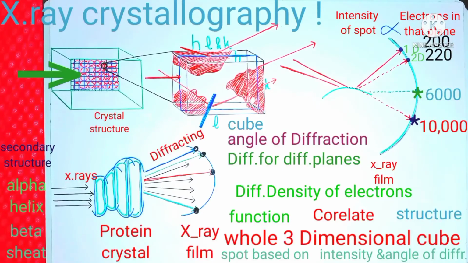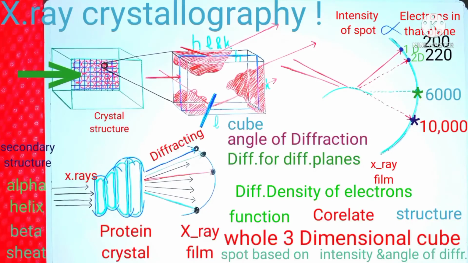And there are two implements that I have not talked about till now, which are very important. First is Bragg's law and another is Fourier analysis, or Fourier transformation. Both of these are mathematical notations, which I am not going to go into and puzzle you.